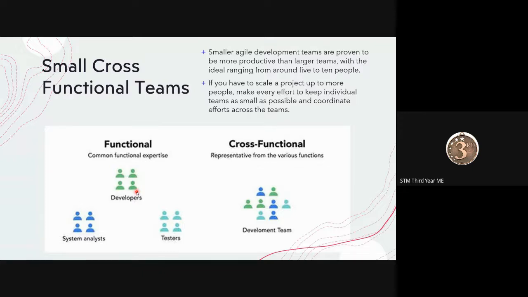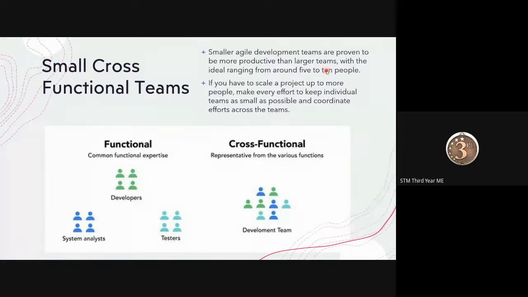Otherwise that will lead to complications. It is said here, smaller agile development teams are proven to be more productive than larger teams, with the ideal range from around 5 to 10 people. So this is the maximum range of the cross-functional team.